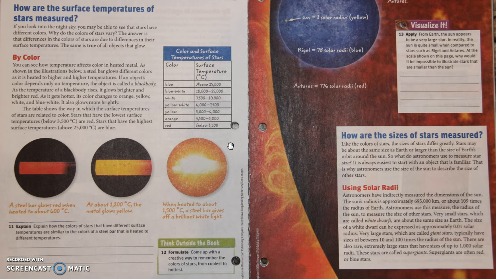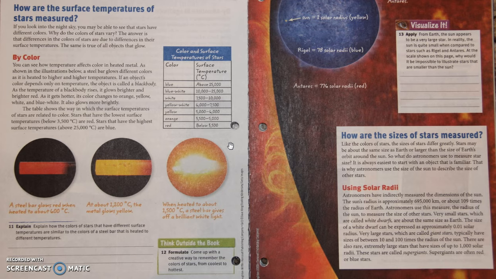There are also rare, extremely large stars that have sizes of up to 1,000 solar radii, and these stars are called supergiants. Supergiants are often red or blue. Obviously, if they're red, they're fairly cool. Blue, they're fairly hot.